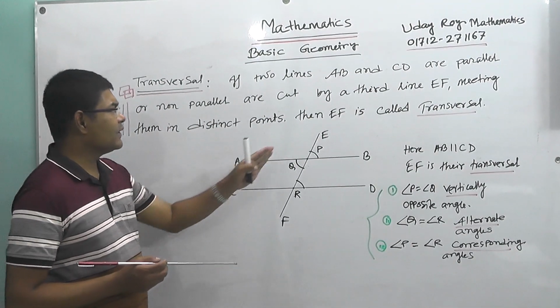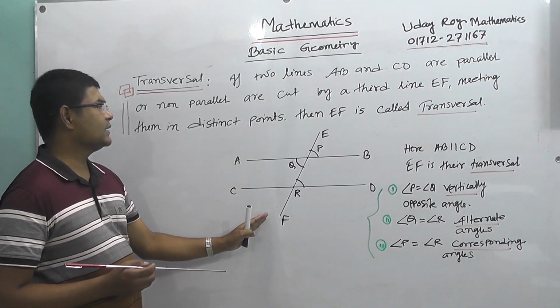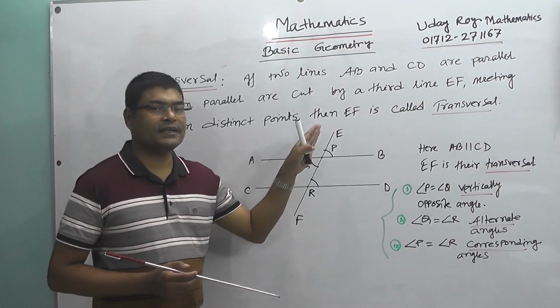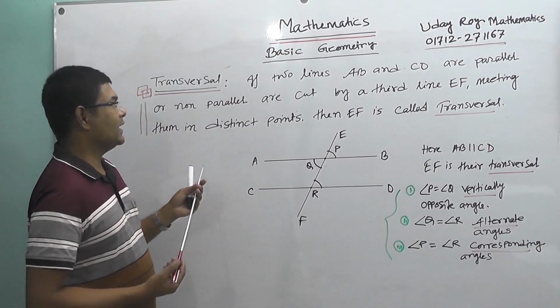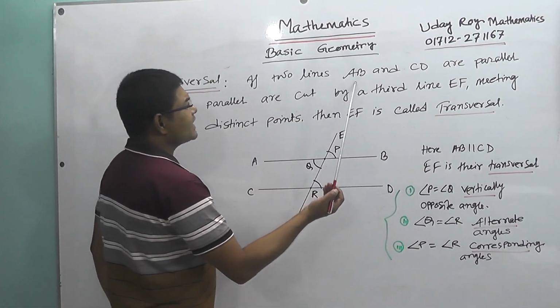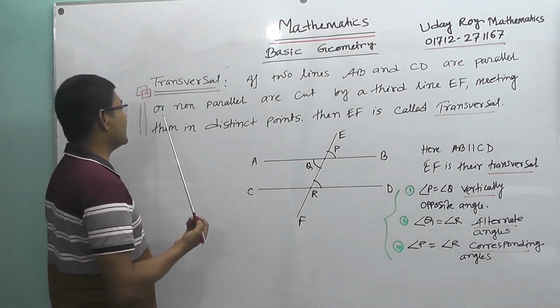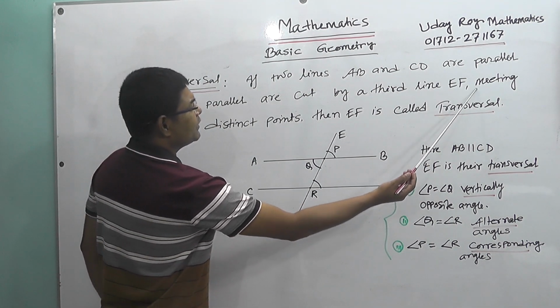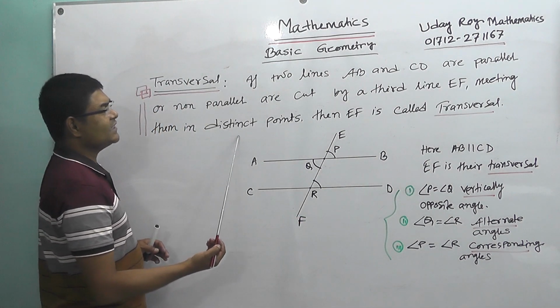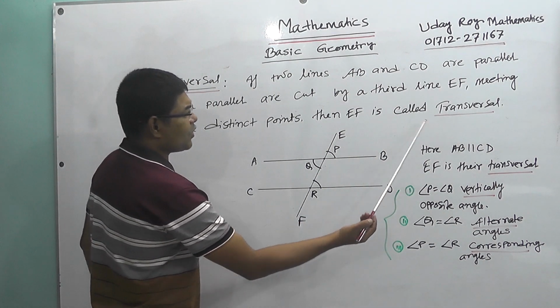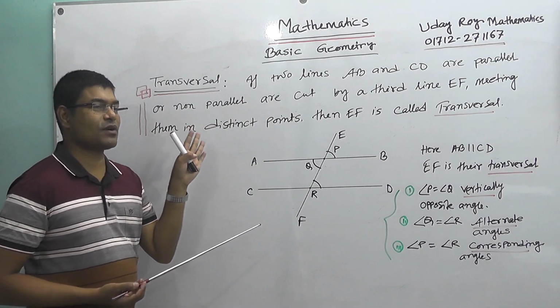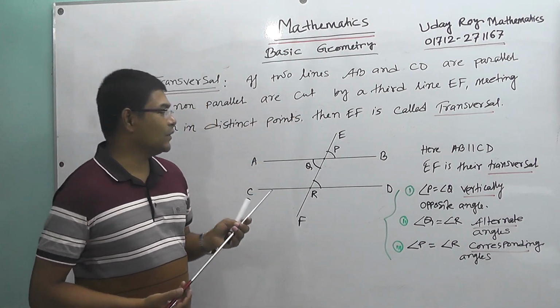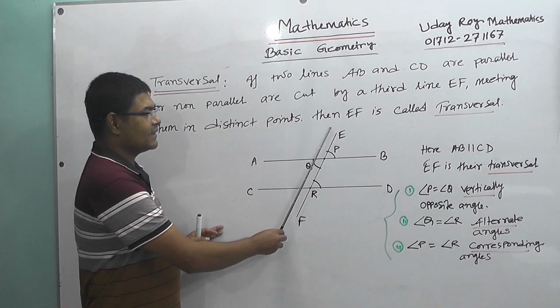If two lines AB and CD are cut by a third line EF, meeting them in distinct points, then EF is called the transversal.